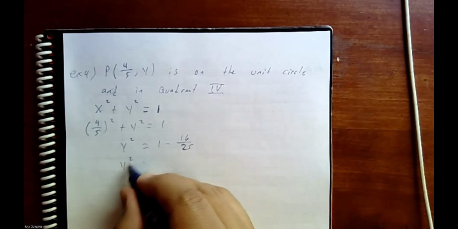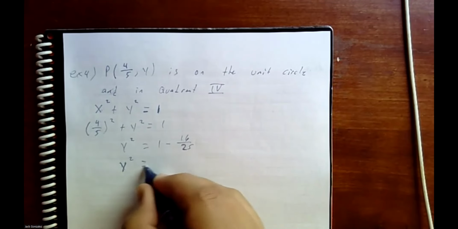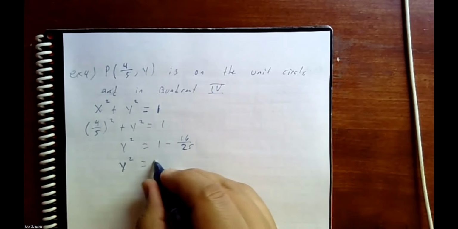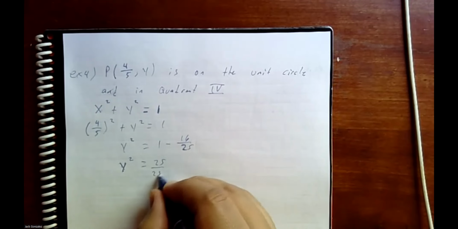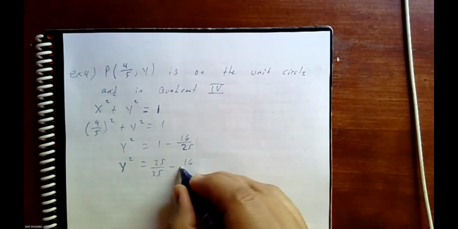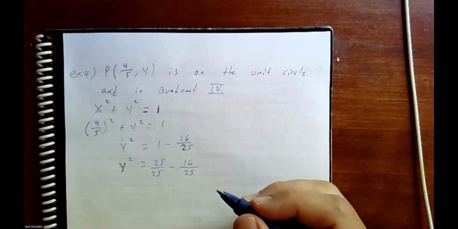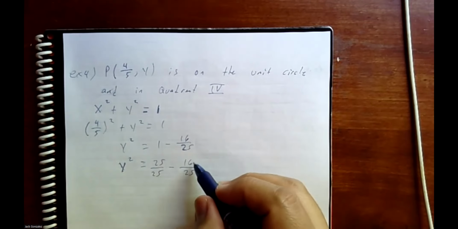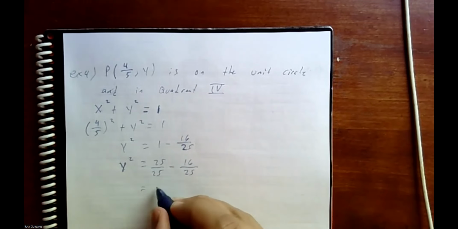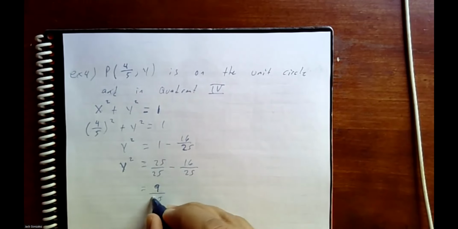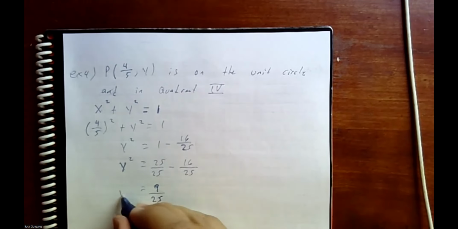So y squared equals, get the common denominator here, 25 over 25. 25 minus 16, that's going to be 9, right? That's y squared. So square root both sides.